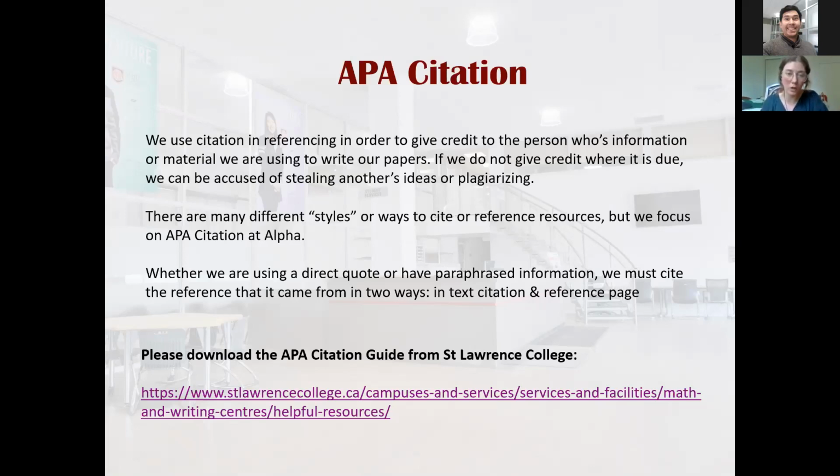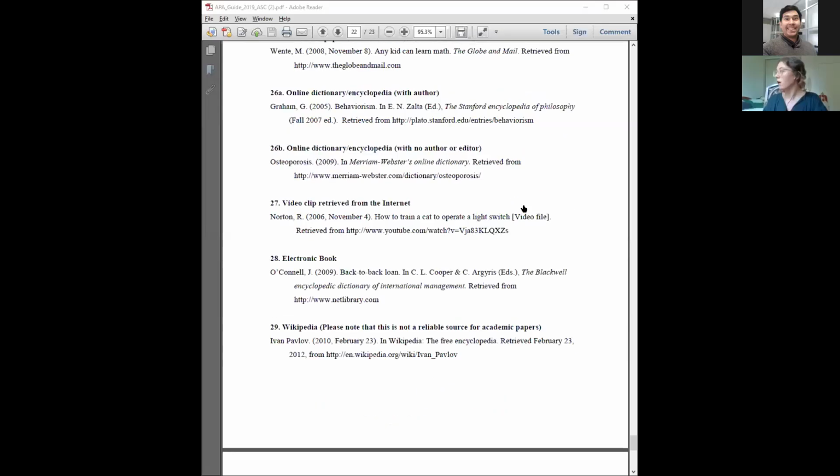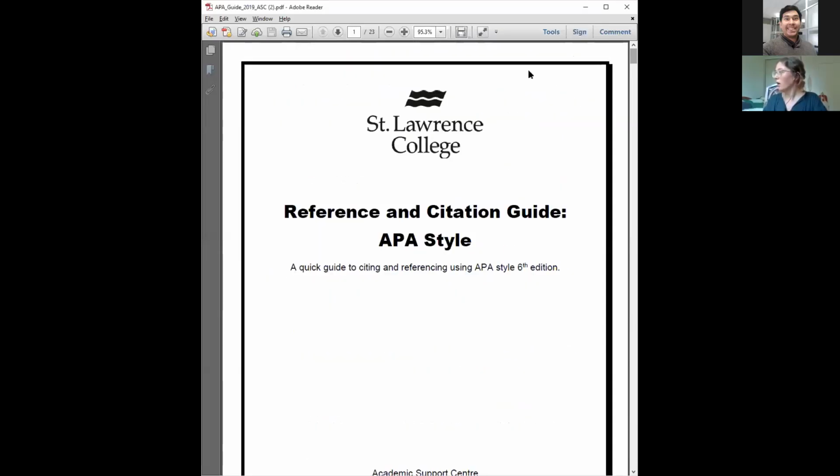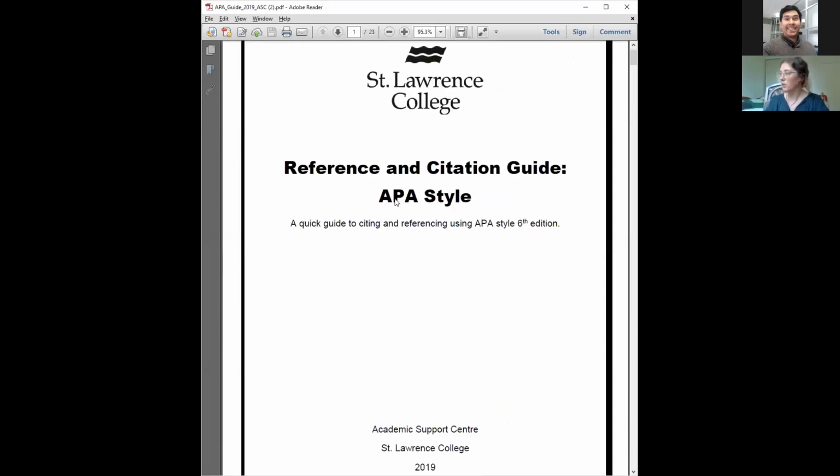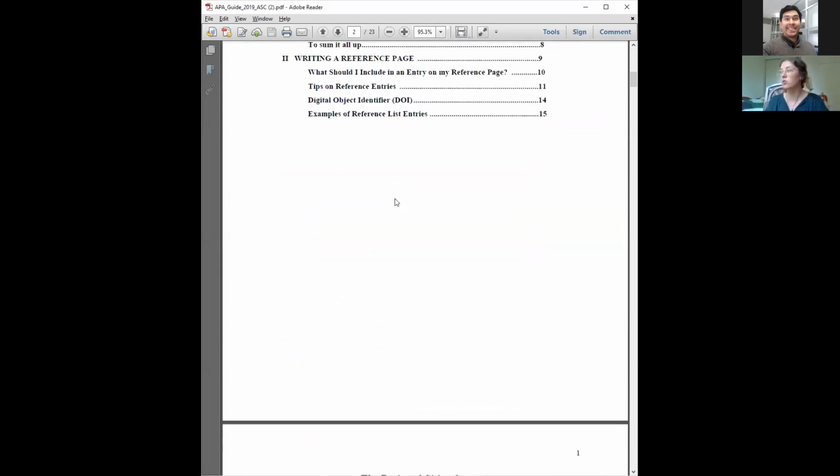I'm also going to show you what the guide looks like right now, just really quickly. I'm not going to go through it. This is the guide right here. It's a reference and citation guide, APA style. Please use this when you're referencing.